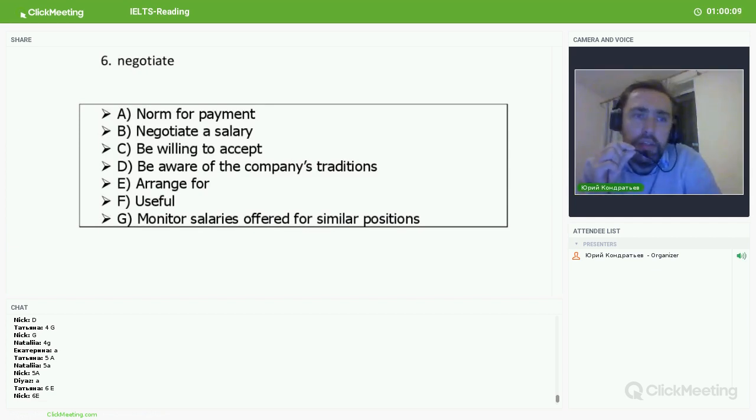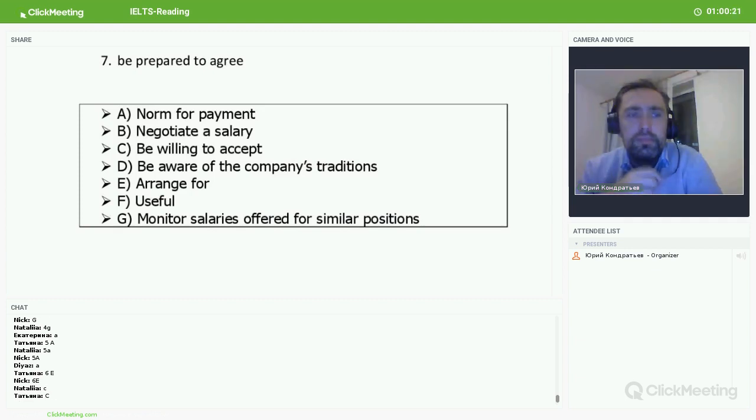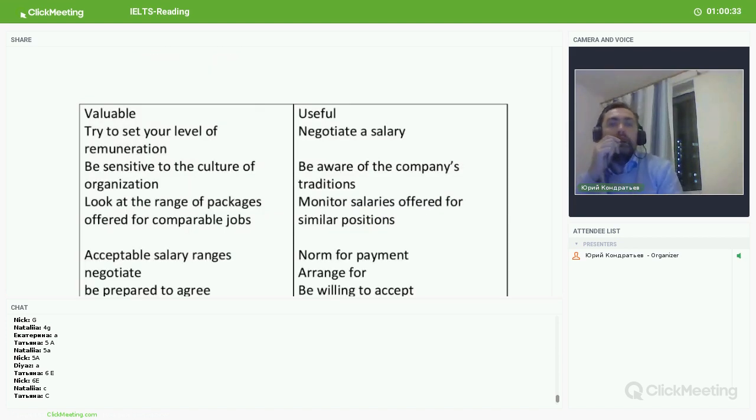Okay, number 6E, to arrange for. That's right. Be prepared to agree. Yes, number C, be willing to accept. Well, be prepared and be willing are not exactly synonyms, but that will be the correct answer in the real IELTS test. All right, let's have a look again to get used to.